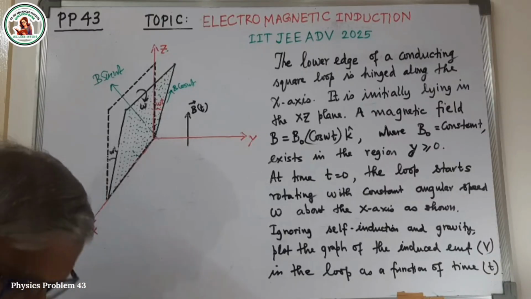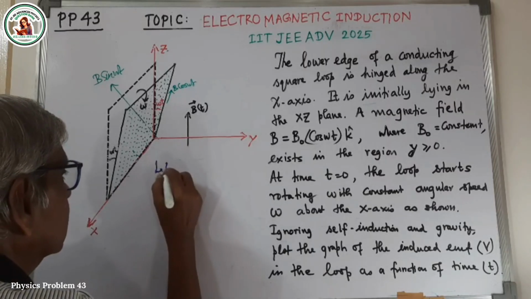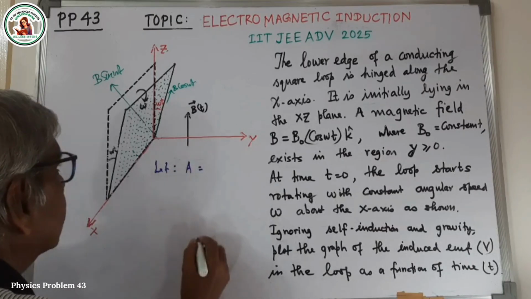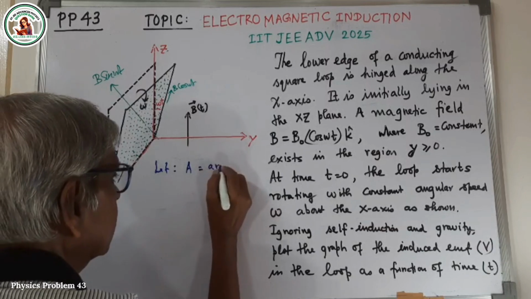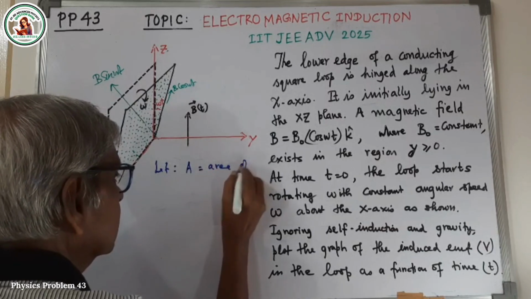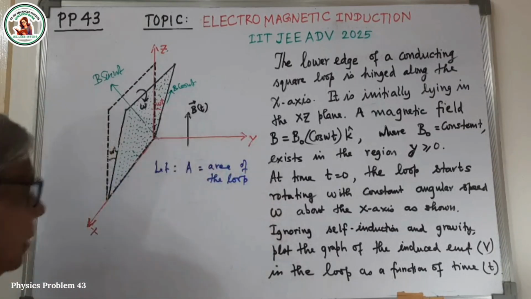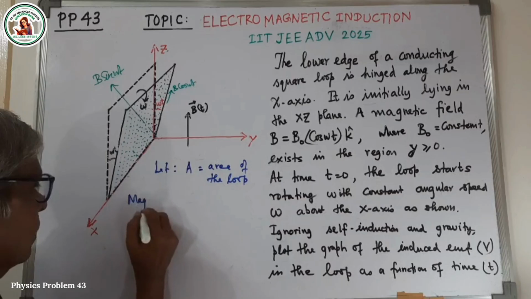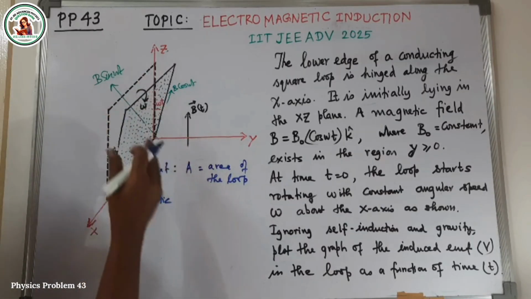A equals the area of the loop, because flux depends on the area of the loop. Then we have the magnetic flux across the loop at time t. Flux is area times magnetic field.